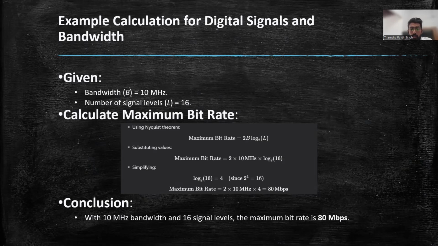So finally, you get a maximum bit rate of 80 Mbps, 80 megabits per second. This example demonstrates how the Nyquist theorem is used to calculate the maximum bit rate of a digital signal.